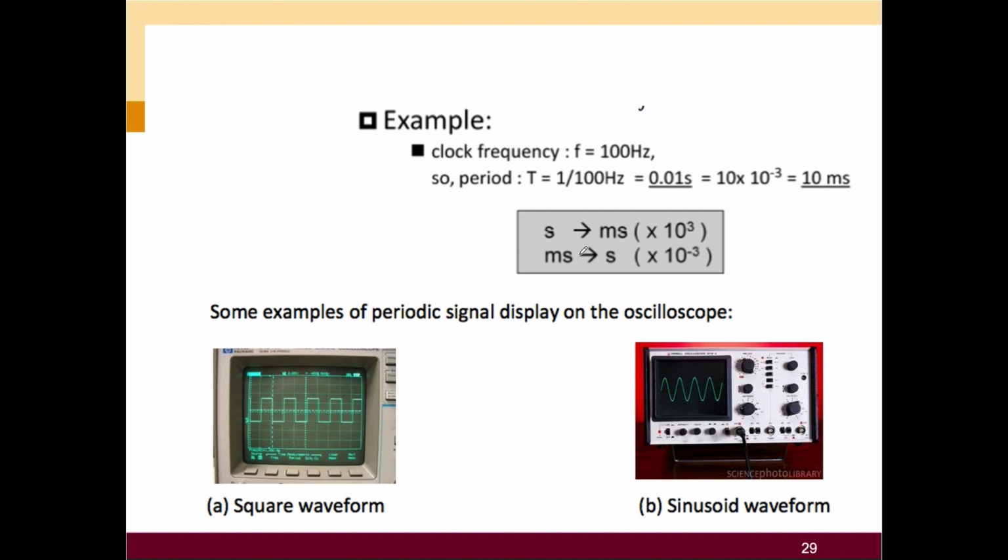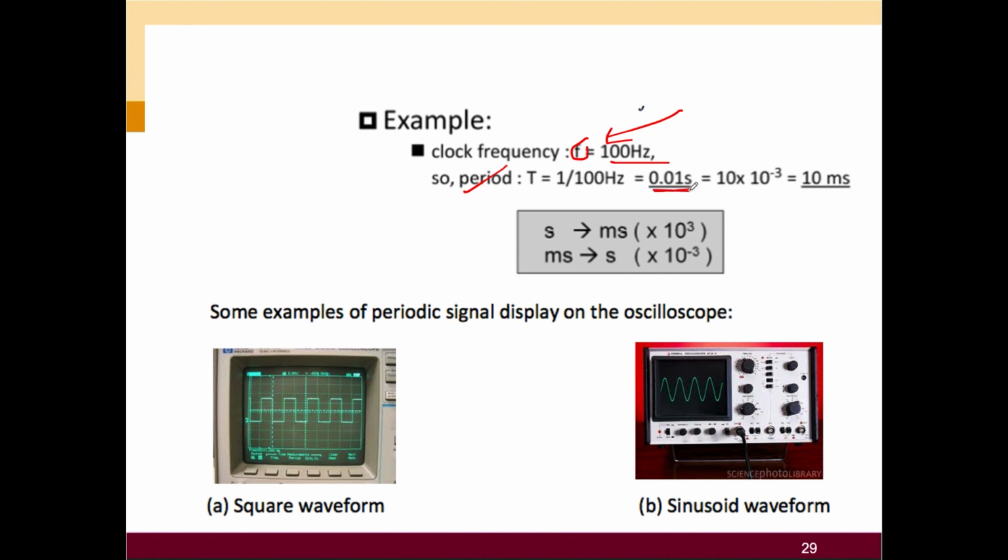So next is another example of how you calculate. You are given the frequency, and later on you can try to calculate it by yourself. If you have a frequency, you can calculate a period. Over here, period is 1 over frequency, and your frequency is 100, so you get 0.01 second.